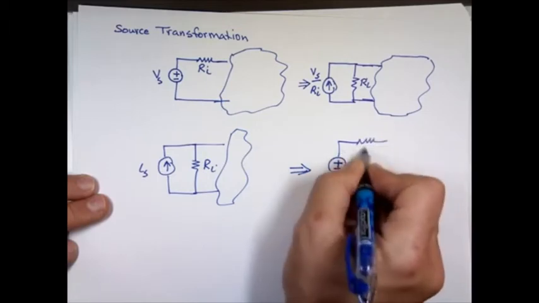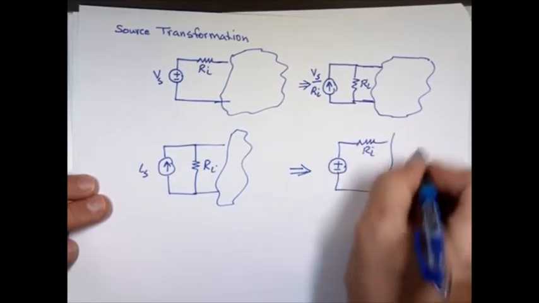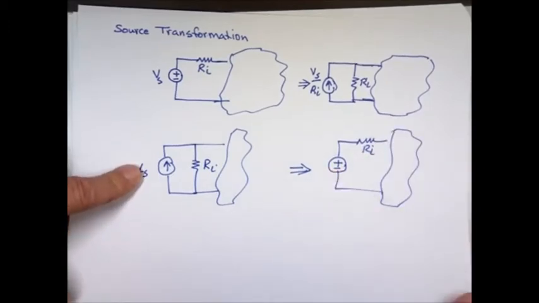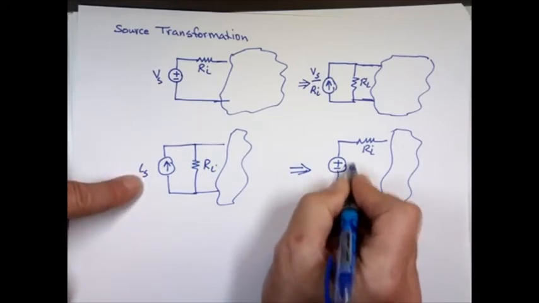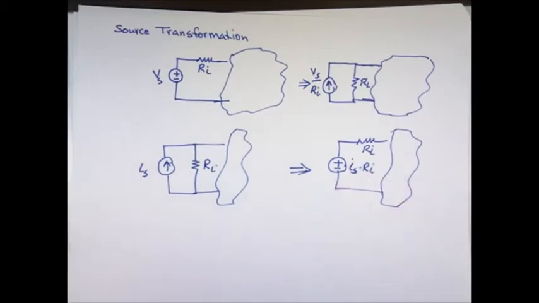So the resistor doesn't change. What's going to change is that current source becomes a voltage, where V equals what? Ohm's law. I times R. So the value of this source is going to be I sub S times R sub I. That's really what source transformation is.